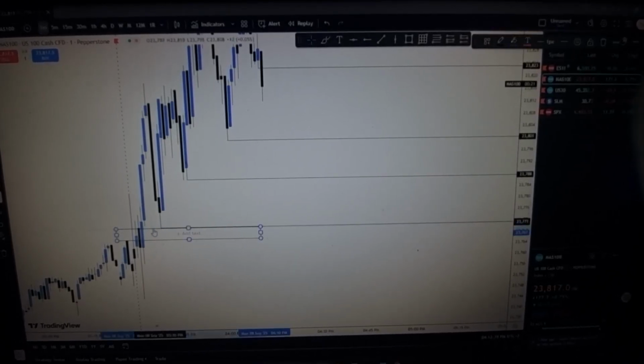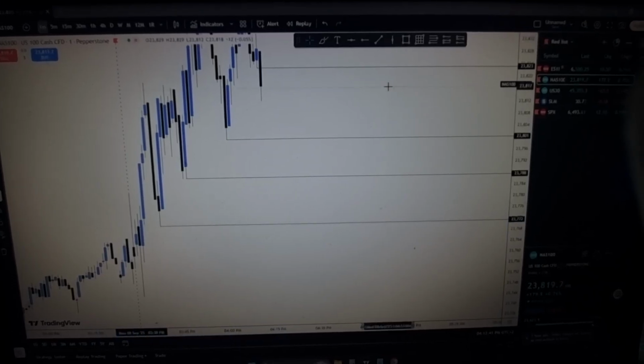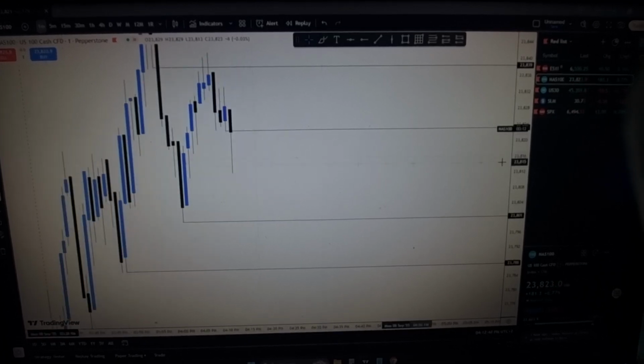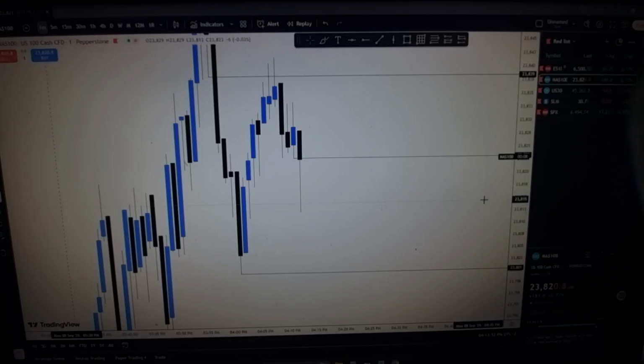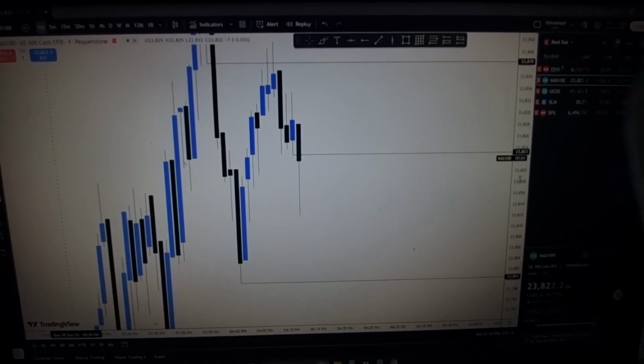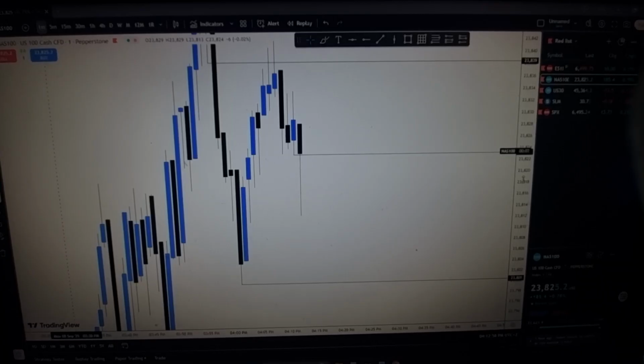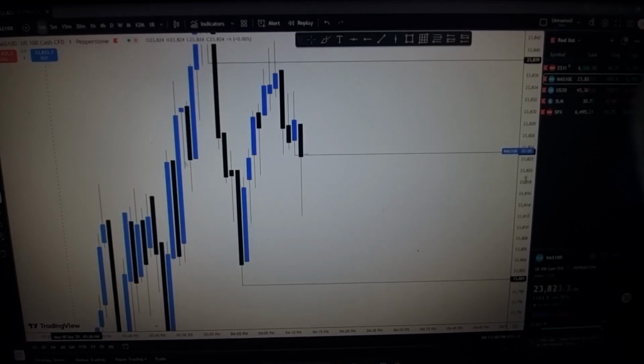But if it gets hit before I'm entering, then hell no. But yeah, let's see. Looks like it's not gonna close in our favor. If this doesn't break and close below the 79, I'm not gonna trade. Okay.